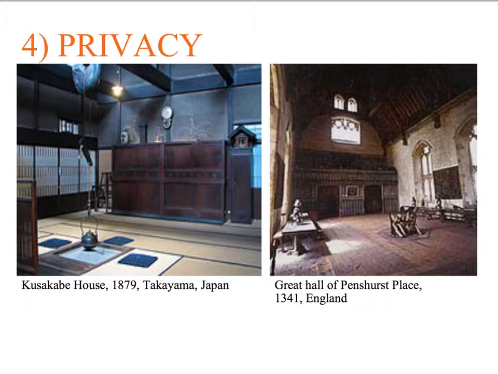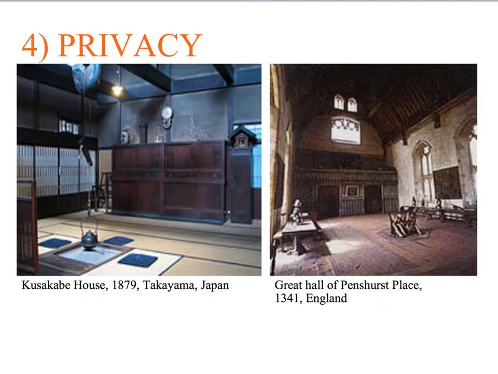In these examples, no room is designated for one specific function. On the left side, this is a home from Japan where things were brought out. They were stored away, and this was a multifunctional room for eating, possibly cooking, sleeping, socializing. And this also occurred in Europe.